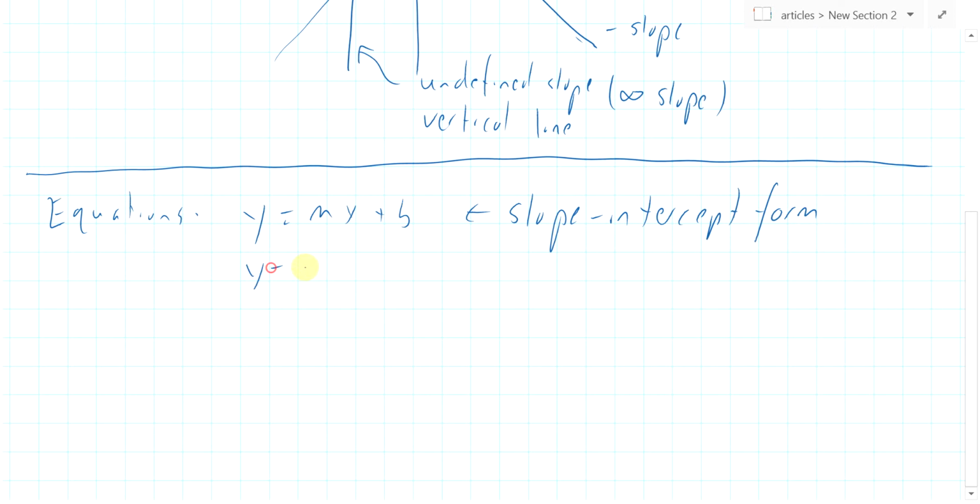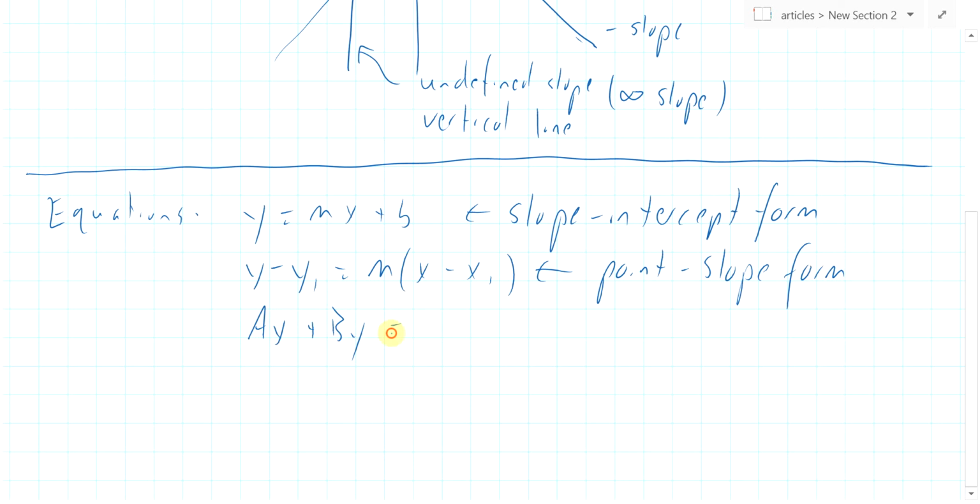There's y minus y1 equals m times the quantity x minus x1, also called the point slope form. And then there's ax plus by equals c, and this is called the standard form. And they all have their uses, and you see them in different places depending on what you're doing.